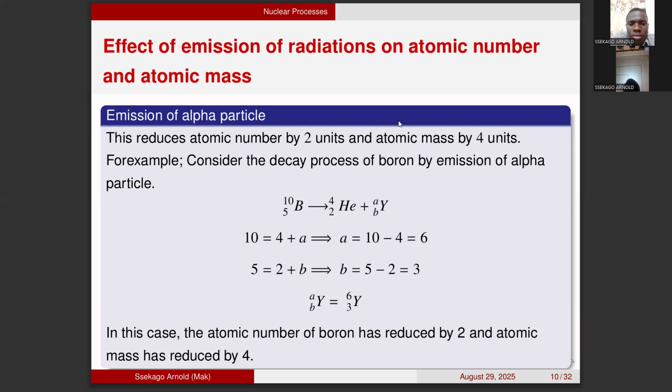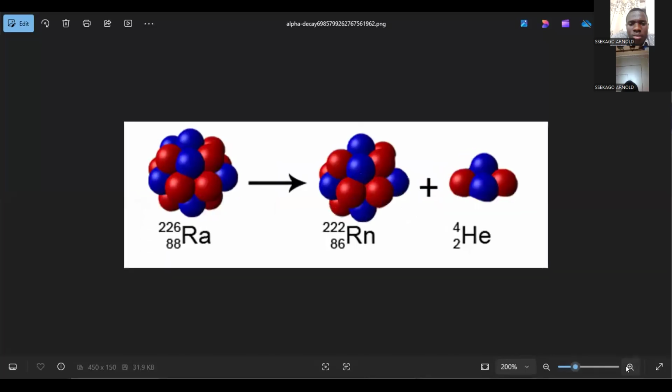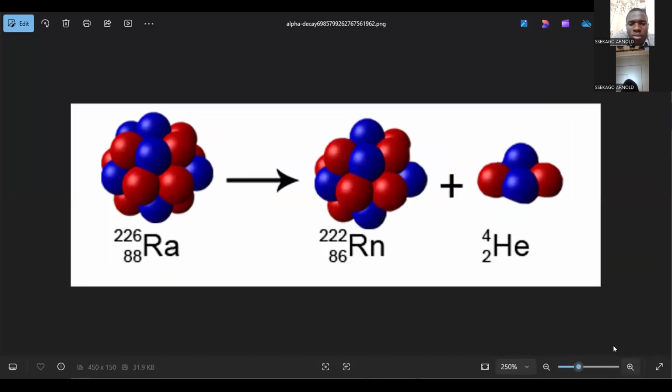Let me give you another example here. You are going to note down this example. This is the example. So in this example, you put the heading after noting down the things I have been explaining.